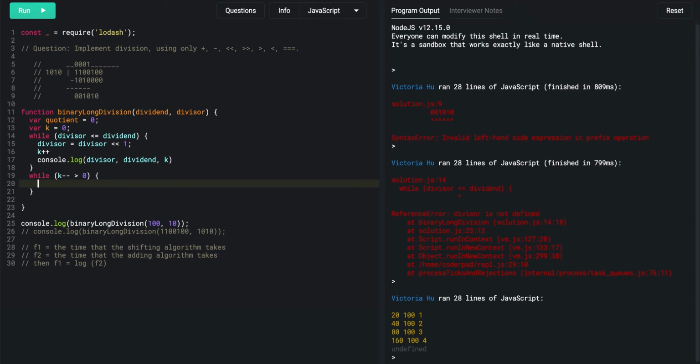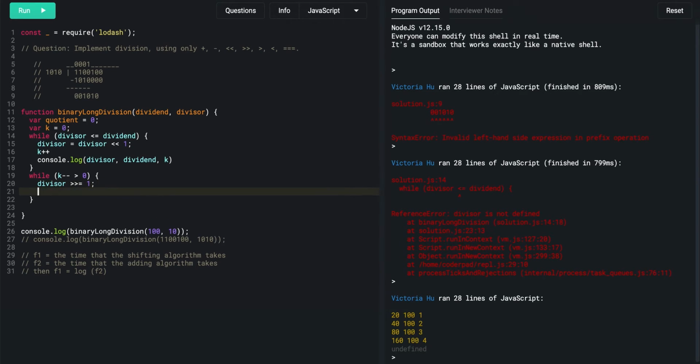Inside the loop, we want to keep shifting the divisor right to counteract the way that we were shifting it left in this first while loop. So divisor is now equal to the divisor shifted right by 1. So every time we run this while loop, it's going to shift right to counteract us shifting it left.